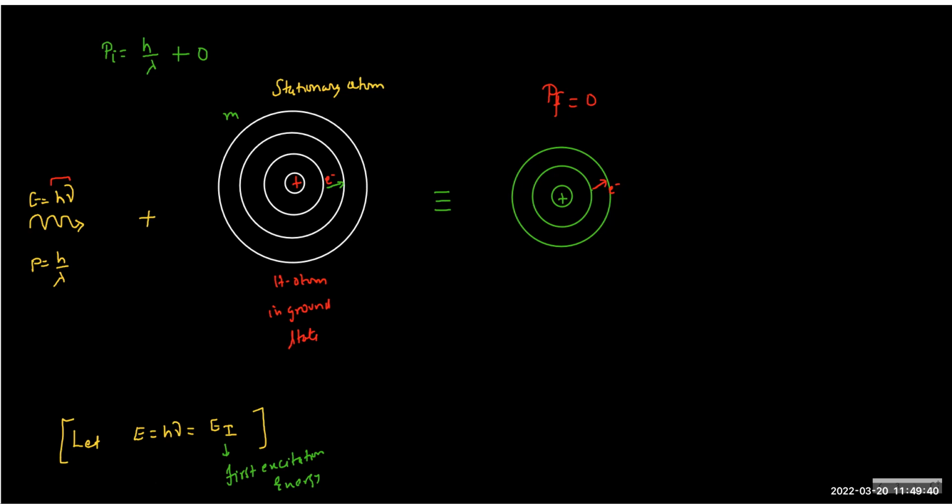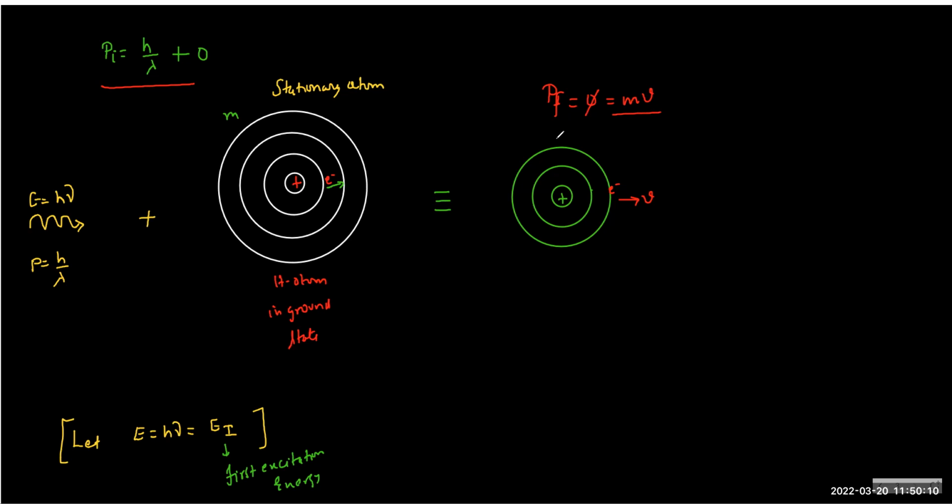What it means is that this atom should have some velocity also, so that the initial momentum can be equated with mv. If we do not assume any velocity, then it will be a complete violation.